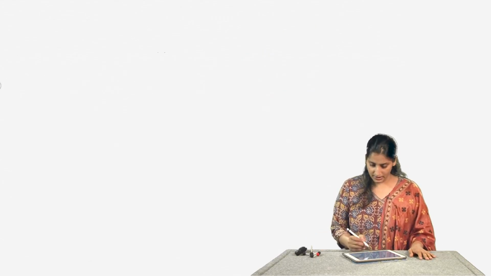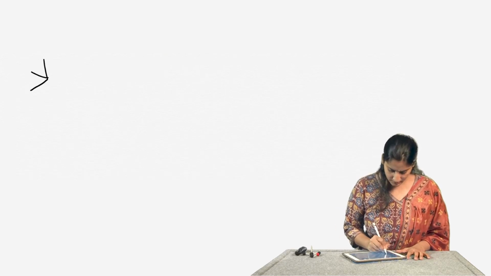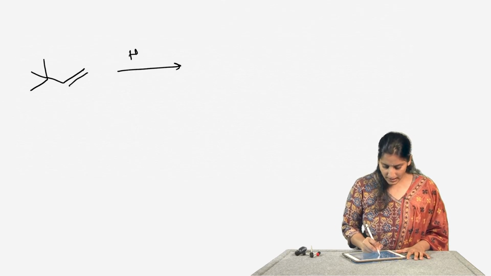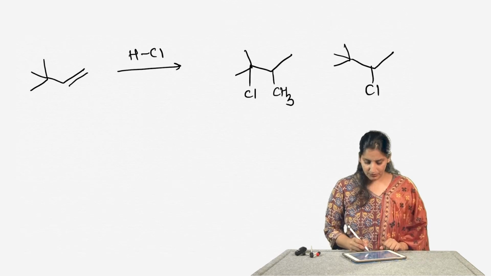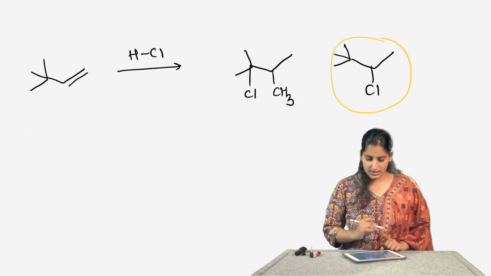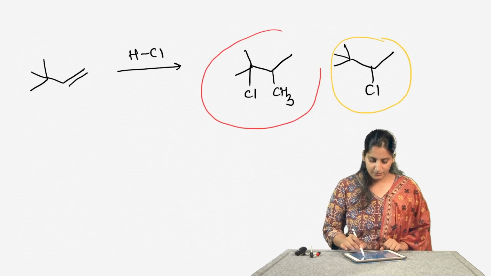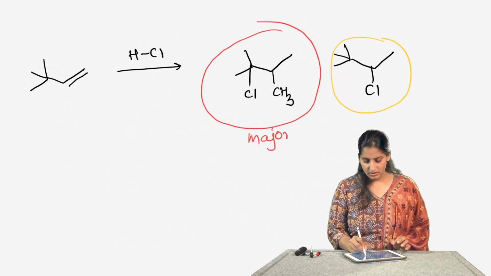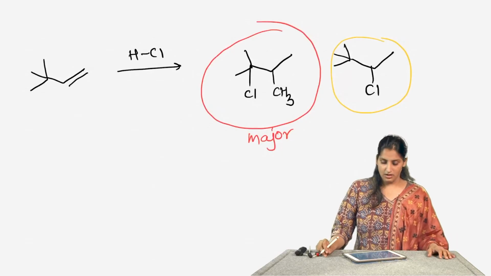Now, let us look at one more type of carbocation rearrangement, and I am going to start from this reactant. As this reacts with HCl, I would expect a product that is this, but instead I find a product that looks like this, which is my major product. So, what is happening here?